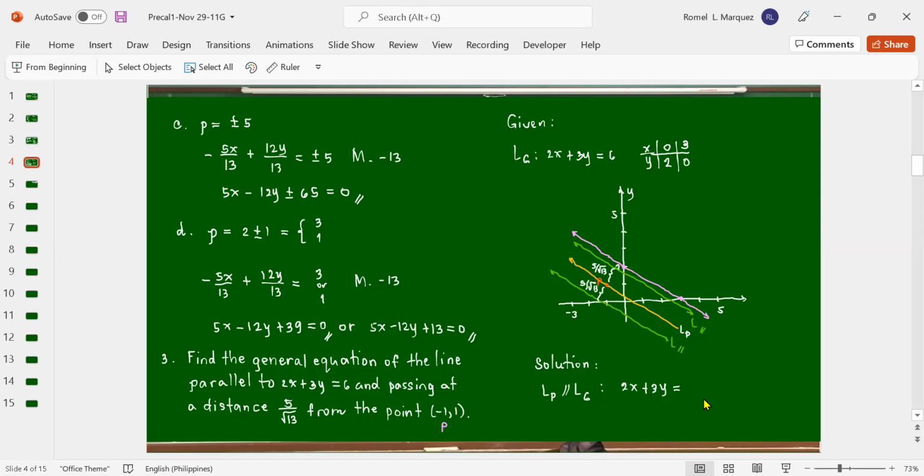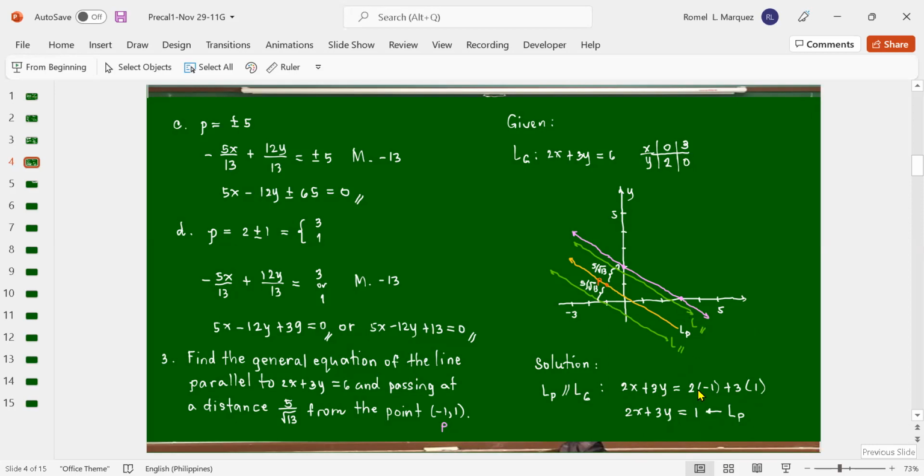If we know the point where it will pass through, you just substitute the point to the x and y and then write it on the right side. 2 times negative 1 plus 3 times 1. So the right side now is what? Guys, 1, no? So that is the equation of the line through the point P parallel to the pink, which is also parallel to the green.